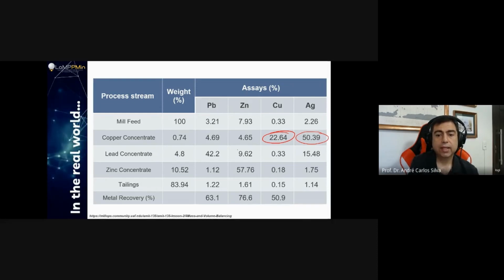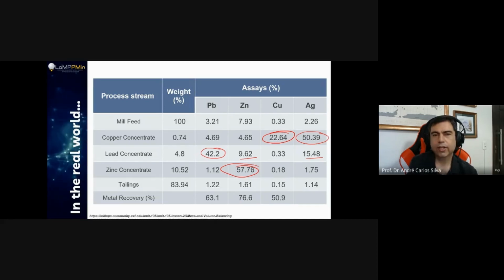And on the lead concentrate, we're going to have something like 42% lead, 10% zinc, and 15% of silver. And we're going to have to take care of this, and we will. And for the zinc concentrate, that's a very good concentrate, 57%. And the other elements are quite low.